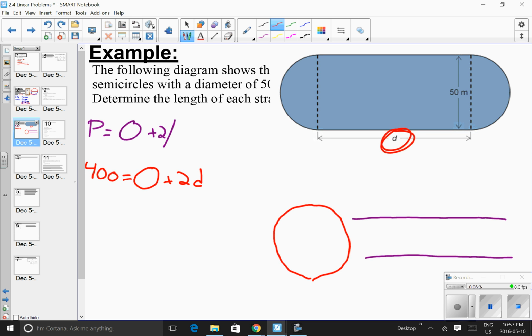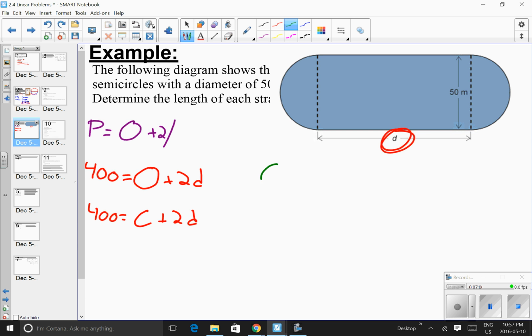Now the distance around the circle, we know that is the circumference. So it equals the circumference of that circle plus two diameters. Now we just got to figure out what the circumference is, and then we can figure this part out. So let's do that separately.